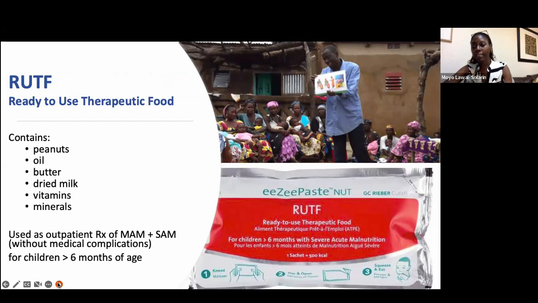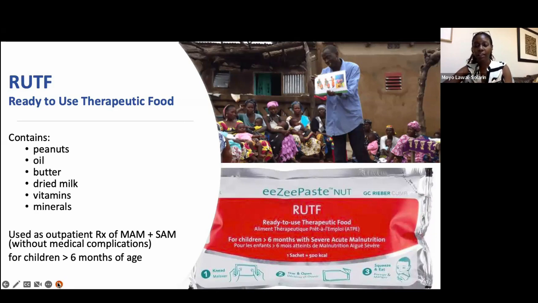It contains important macro and micronutrients. You can see the ingredients listed, and it has sufficient calories for catch-up growth. It has 500 calories per sachet, and we give it to children that can be treated as outpatients, which are your MAMs or your SAMs that don't have any medical complications, so long as they're older than 6 months.